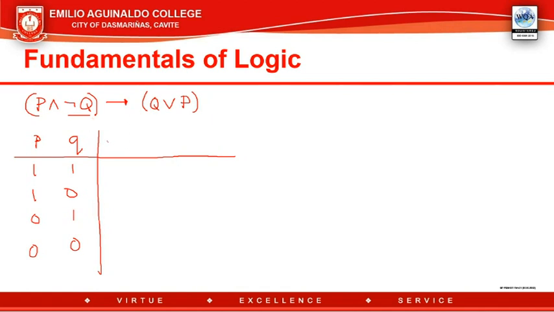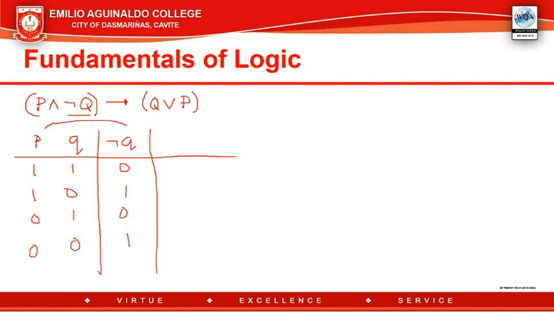Let's try to find the negation of Q. These are the values that are not the values of Q. So we have 1, it is equal to 0. So 0, if it is not equal to 0, then it is equal to 1. Okay, this is 0, this is 1.